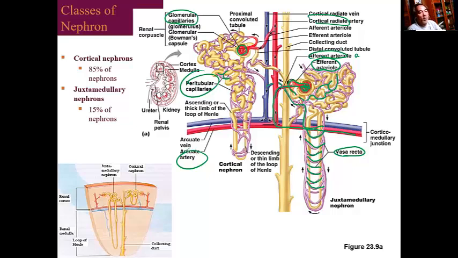After the peritubular capillaries and the vasa recta, they go back and connect into the vein called the cortical radiate vein, and the cortical radiate vein then connects into the arcuate vein.